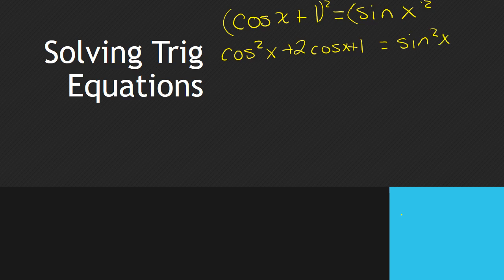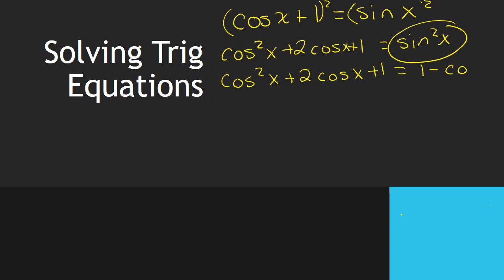Okay, so now I can move things around, and like I did in the last one, I'm going to use my trig identity here. So I get cosine squared x plus 2 cosine x plus 1 is equal to 1 minus cosine squared x.